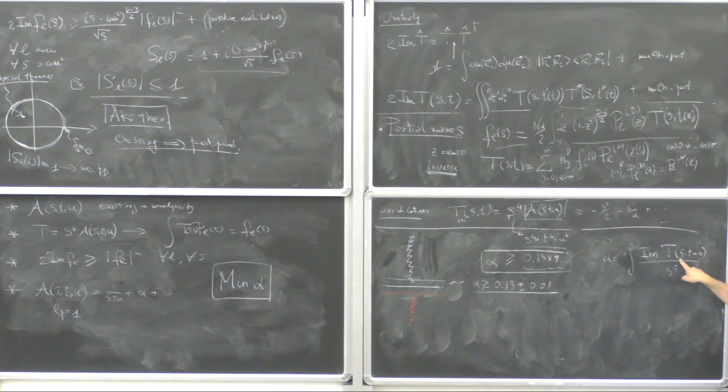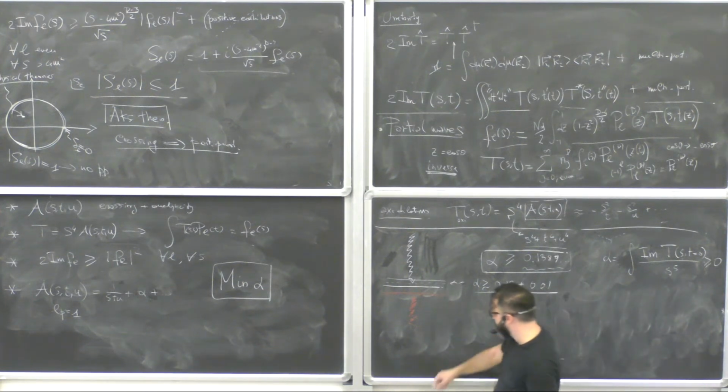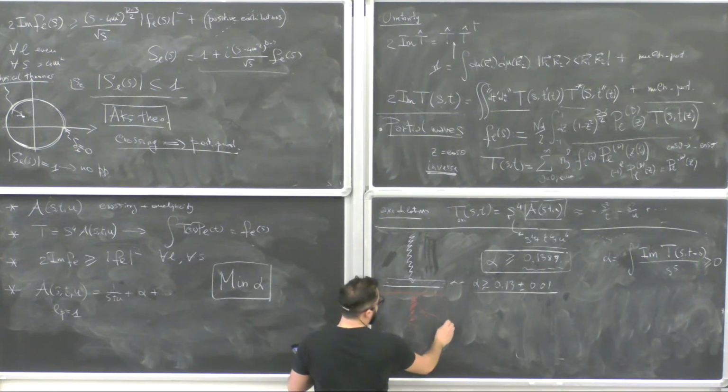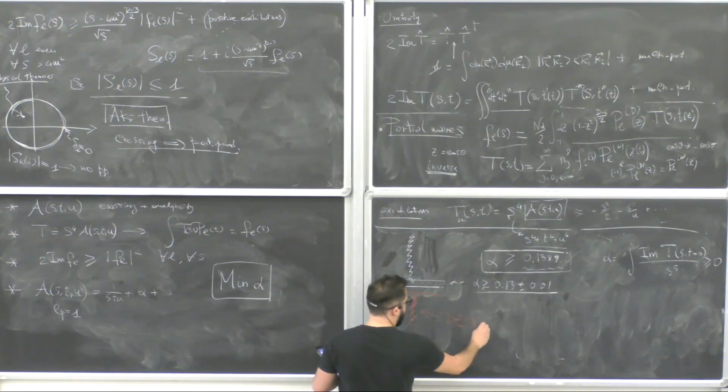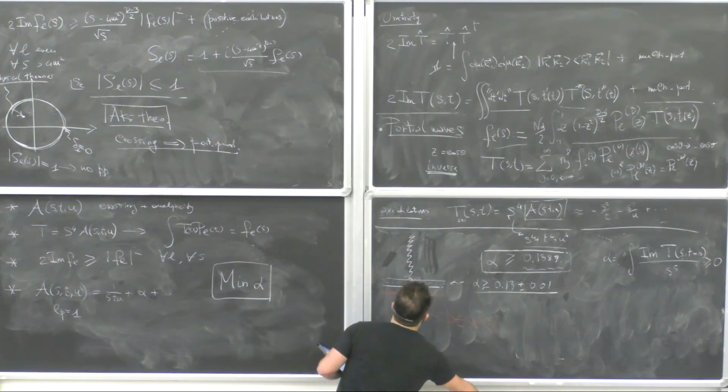And the forward amplitude is positive by unitarity. So alpha is positive. So all the negative values are excluded. And this is a very simple dual argument to say that negative alpha is excluded. That's what we call the desert. While this is the garden.